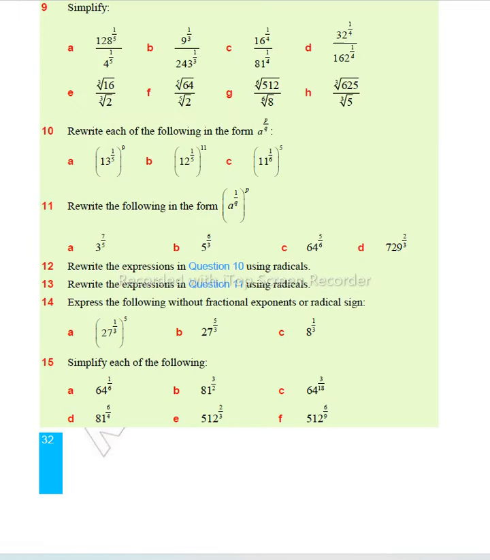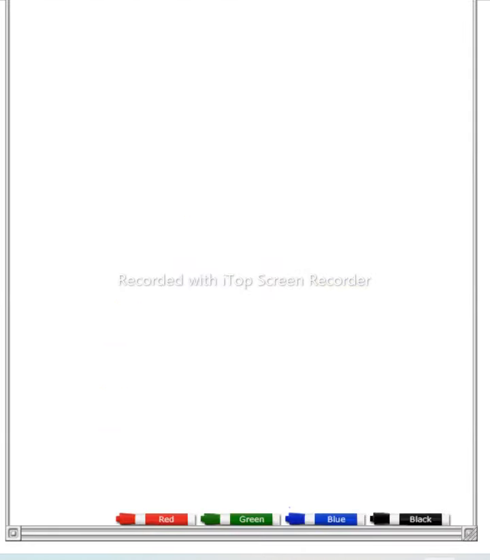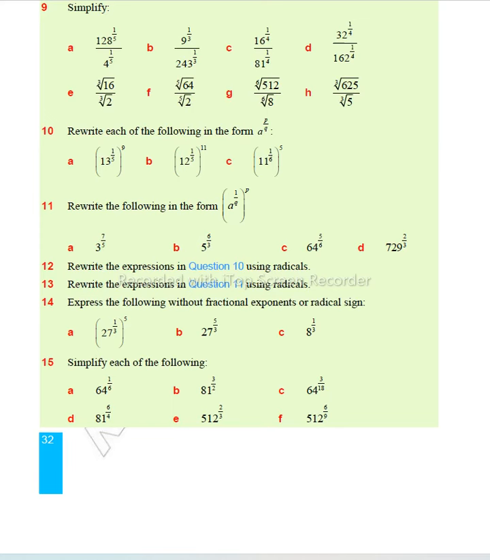And we do the same for the others. Let us jump to C, which says 11 to the power of 1 over 6, all to the power of 5. Let us write this in the form of a to the power of p over q.